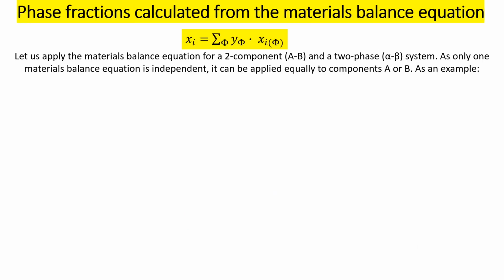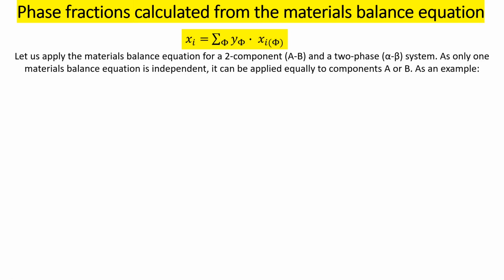Okay, now we have the materials balance equation which we derived in the previous slide, and now let me show you how to use it as an example. We usually use this equation to calculate the phase fractions of the phases, and usually we do it after the mole fractions of the components in this phase are already found.